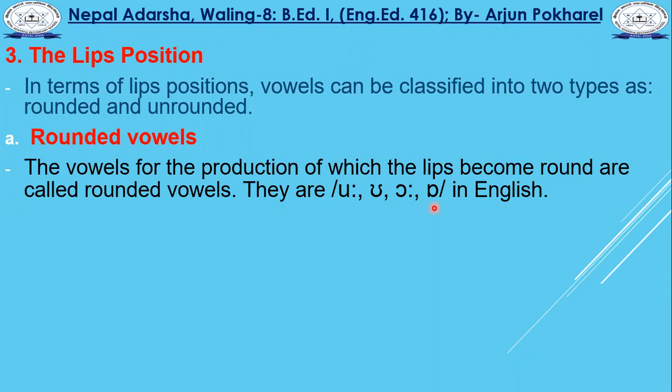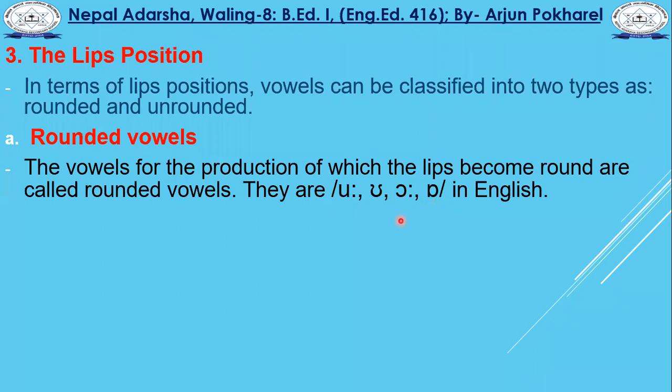We can call it lips posture as well as lips position. So the vowels for the production of which the lips become round are called rounded vowels, and they are long u, long o, and short o.